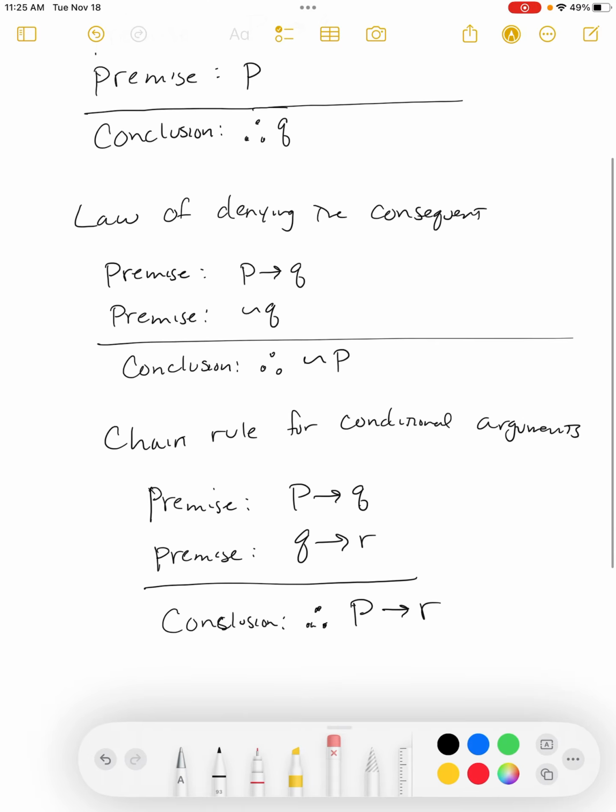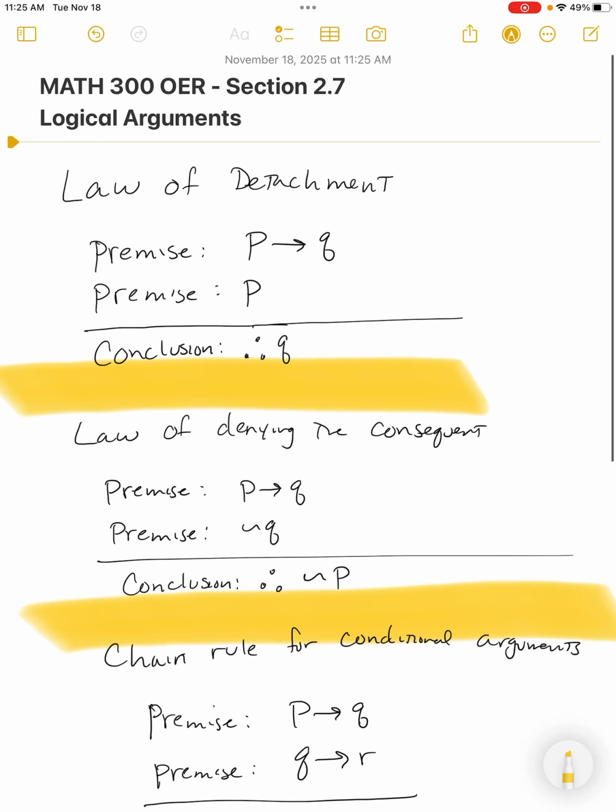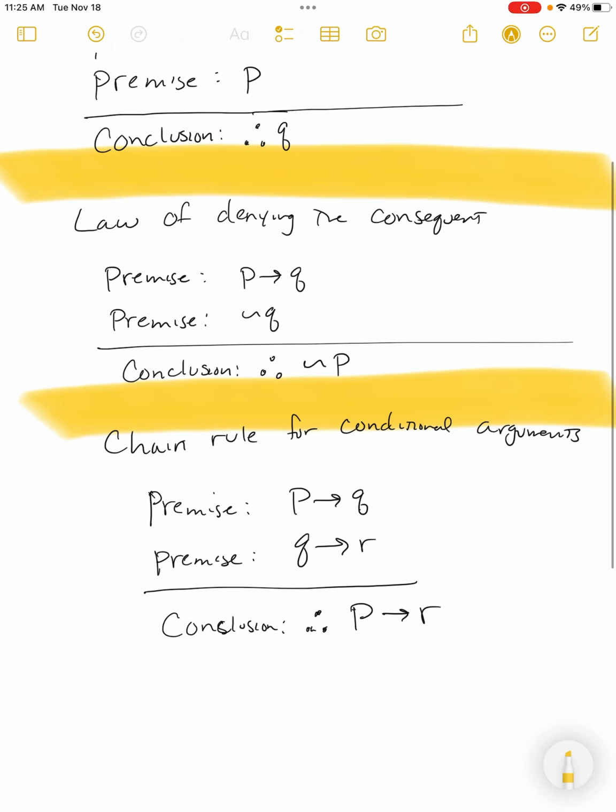So I'm going to come in here and I'm going to separate these, not with a line because they have other lines involved. I'm going to separate them with a highlight, right in between here. So those are the three things that we're going to be working on and working with as we go through the homework.